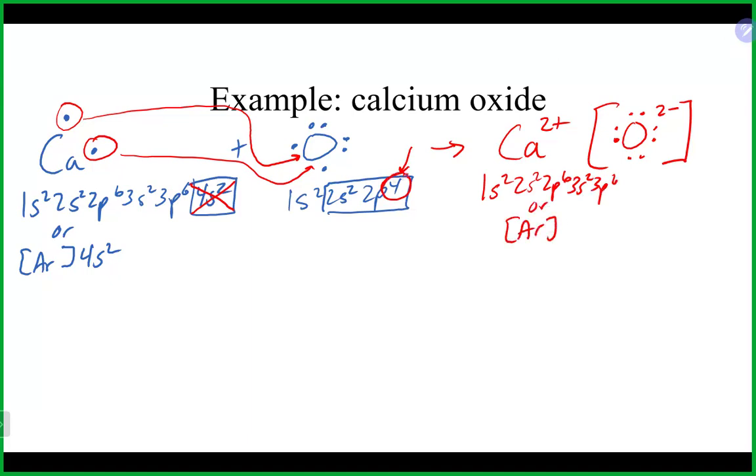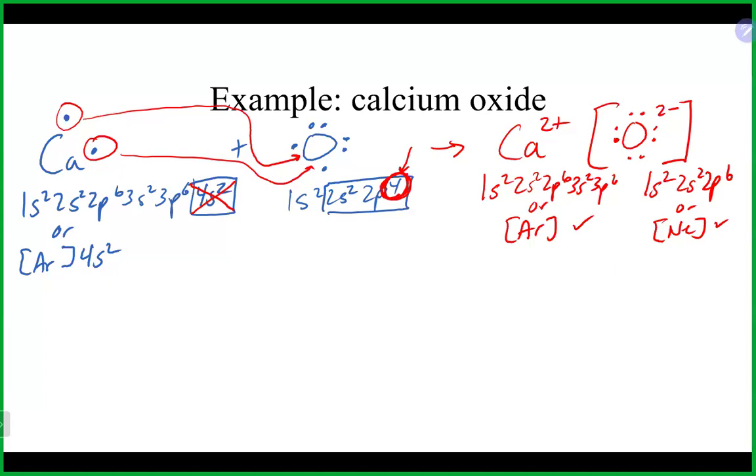Once again, our oxygen picking up those 2 electrons right there will now become the oxide ion and have a couple of extra electrons, moving it upwards to 10, which is neon configuration. Once again, in this case, the whole purpose of bonding is for them to reach noble gas configuration, and they're able to do that. And that is typically what happens with our ionic compounds and our metals and nonmetals.